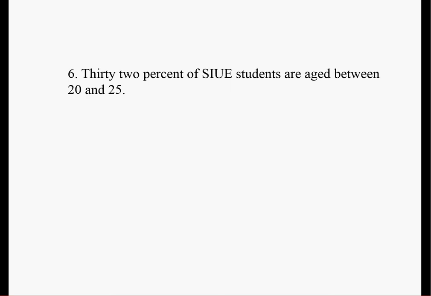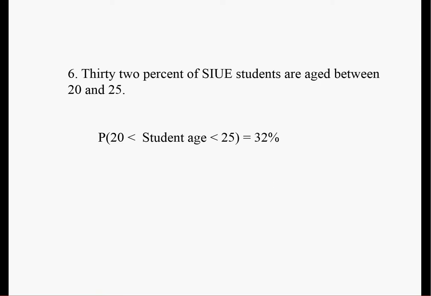32% of SIUE students are aged between 20 and 25. Obviously, this is another statement that shows an interval. For this interval, we have two ends. The lower end is 20, the higher end is 25. So when we come to express this probability, we use this interval notation.